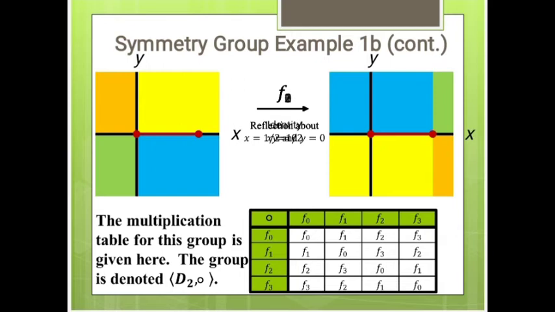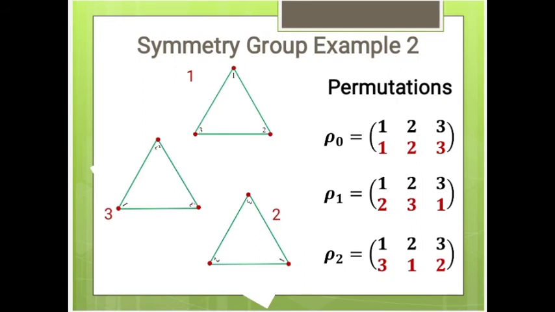The group is denoted dihedral D sub 2, with composition. There are three figures shown here, and we determine the permutations of each figure, starting with the triangle. For rho, these are the following. Rho sub 0 is 1, 2, 3 to 1, 2, 3, while for rho sub 1, changes occur: 1, 2, 3 becomes 2, 3, 1.